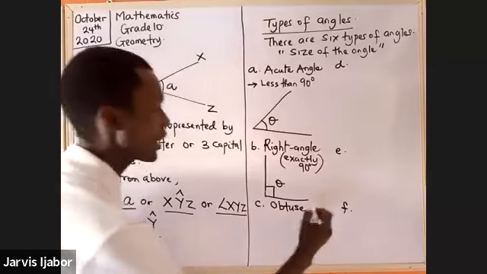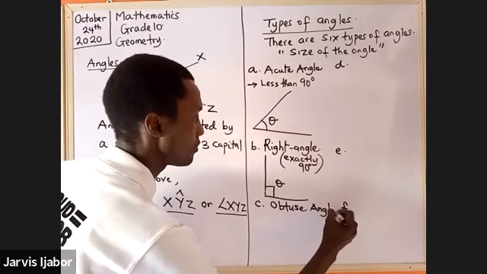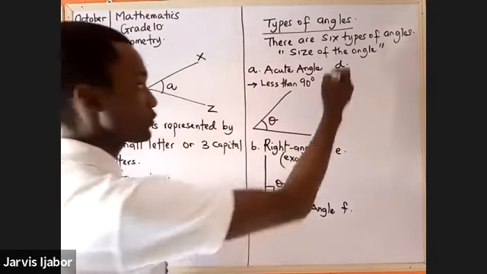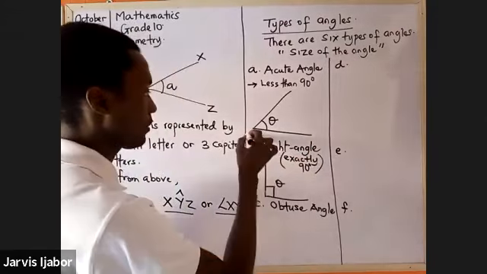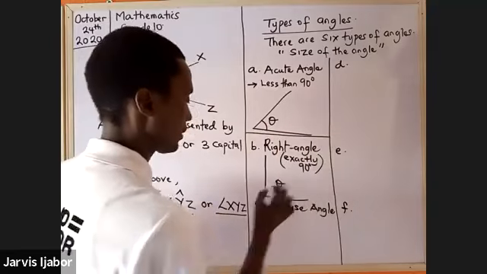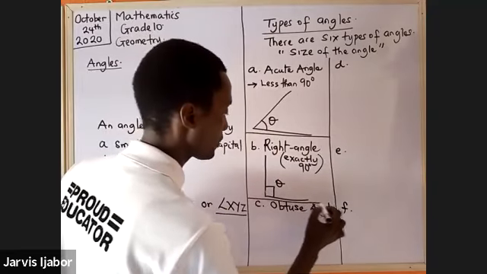Now, what is an obtuse angle? Maybe I should rule this so that we create demarcations and don't mix the ideas up.